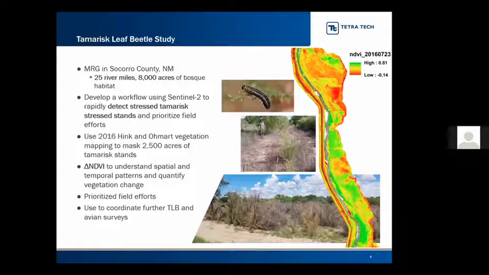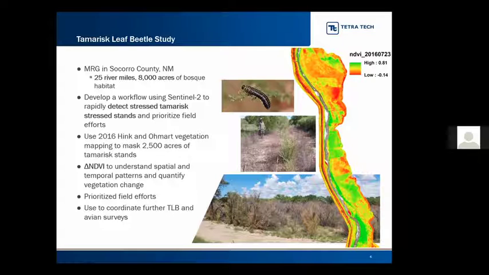So our first use case here is the Tamarix leaf beetle study. And here we found there was a real need to evaluate and understand the ecosystem level changes and consequences of tamarisk as a biocontrol agent on a landscape scale. These successive defoliation events are difficult to track, as identified in the first couple slides there.